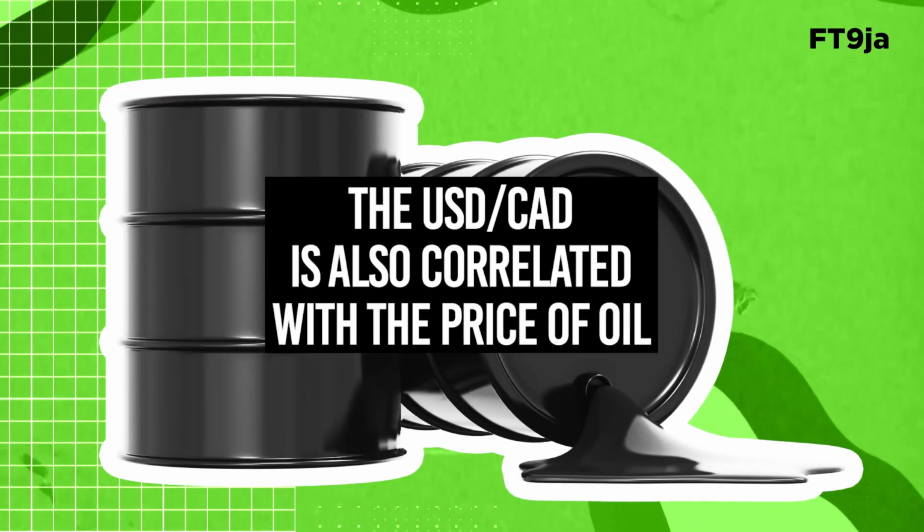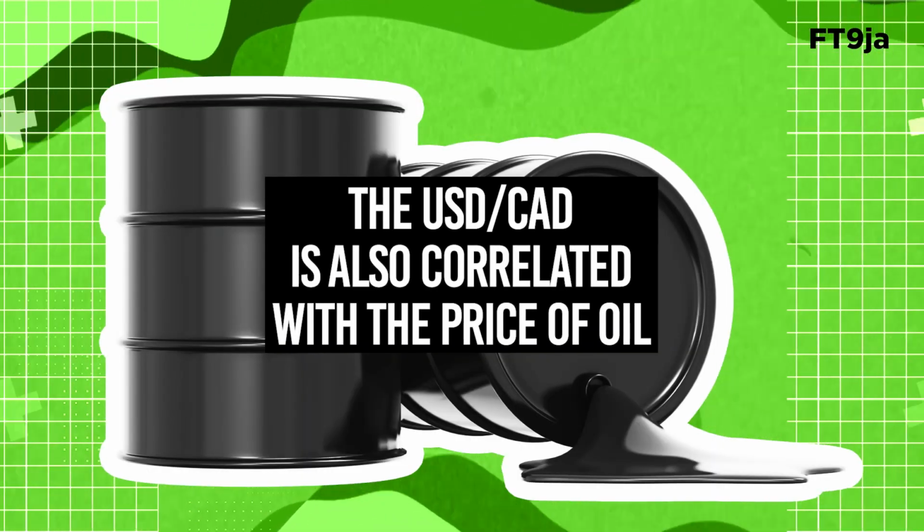So if the price of any of these commodities were to increase, Canada, being a major exporter of them, would experience an economic boost, and the Canadian dollar would appreciate against the US dollar. In fact, the US dollar Canadian dollar forex pair is correlated to the oil price index.